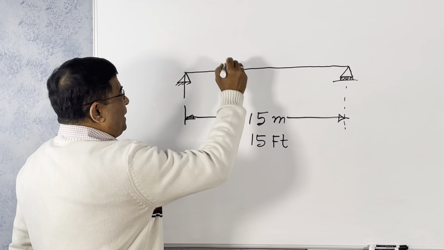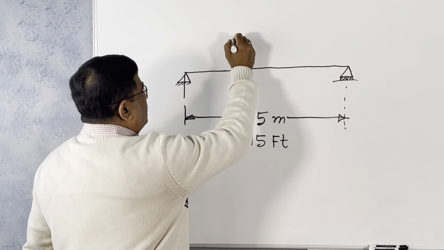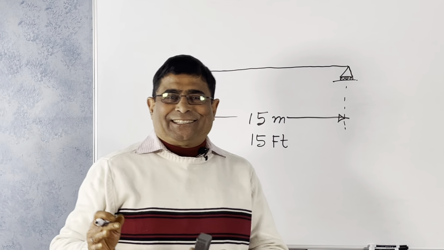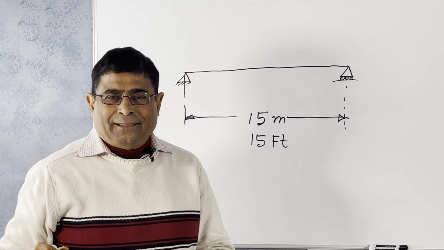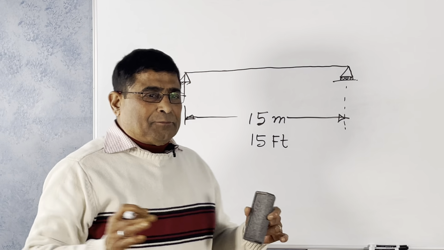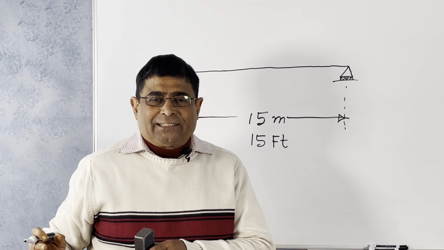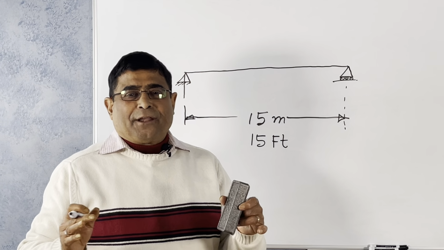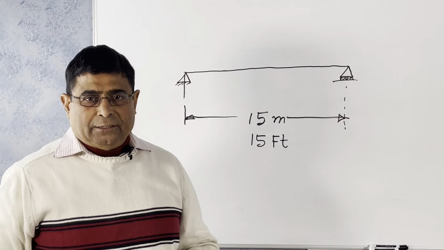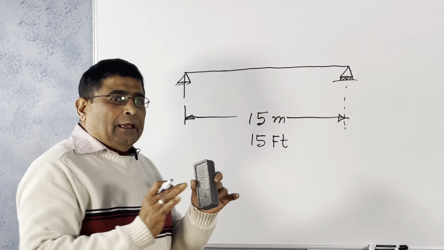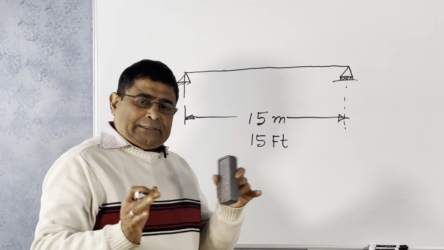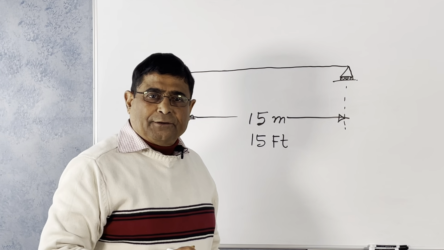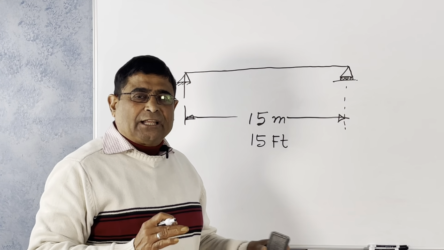I'll be using the metric value because many of my followers have the SI system, but some people here in the United States follow the imperial American system, foot pound. So I'll put the same dimension with different units, so that you will understand fully.